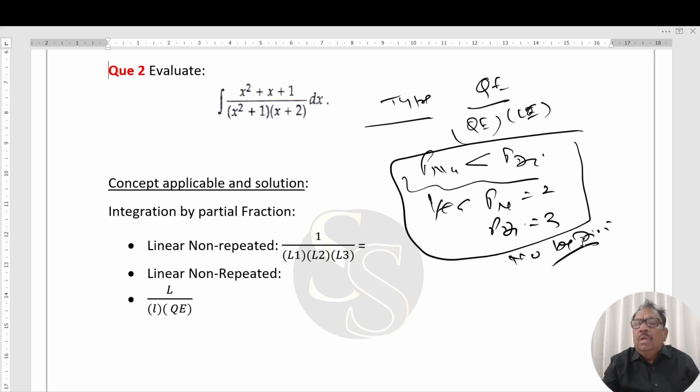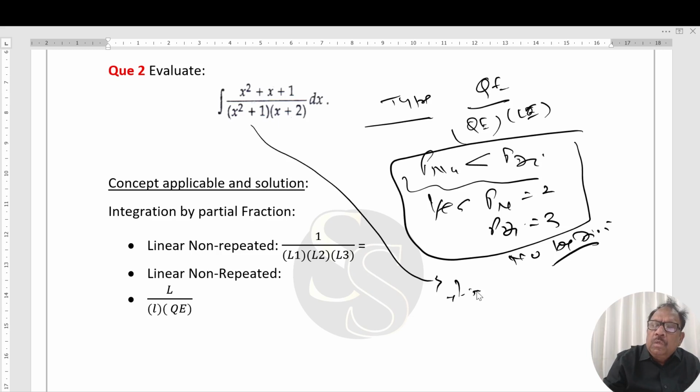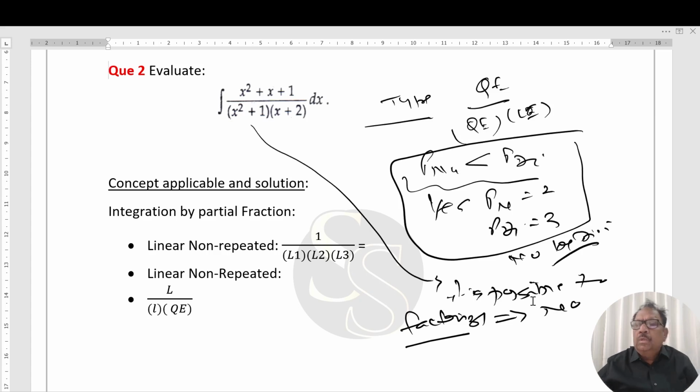Okay. Next, this is a quadratic expression. Is it possible to factorize?